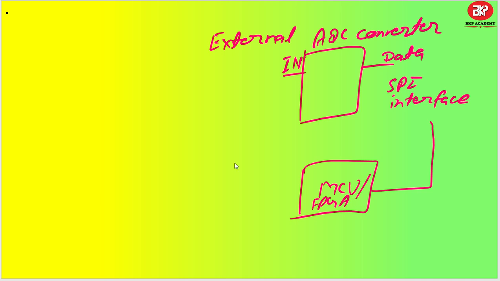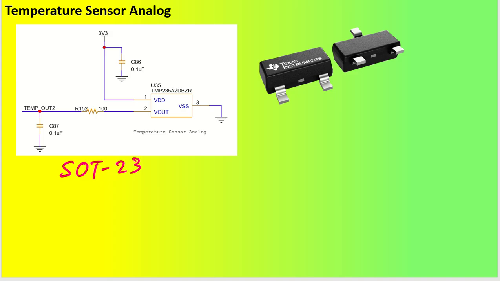Okay. So good guys, hope you have a good understanding. Now in the next session, what we'll do is we'll try to give you various application circuits with different sensors, as we explained, like pressure sensors, temperature sensors, and humidity sensors. So all these sensors, how ADCs are connected, and what are the various applications of the ADC input pin, that we will show you.